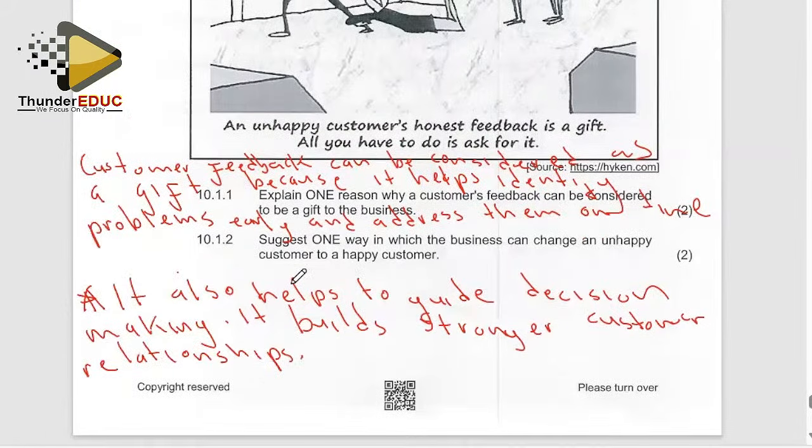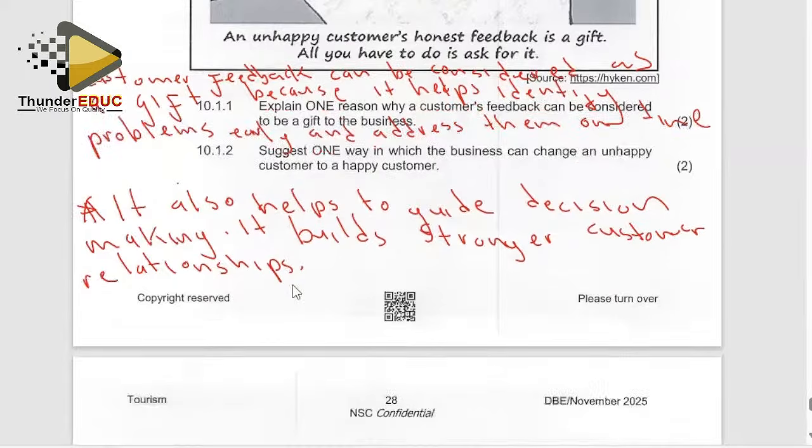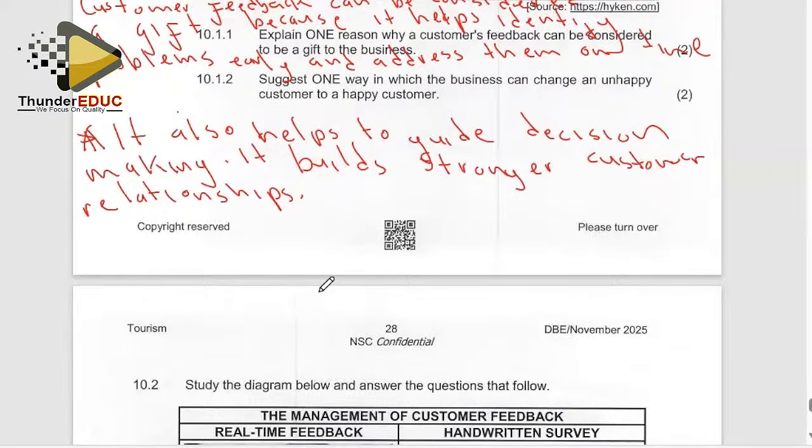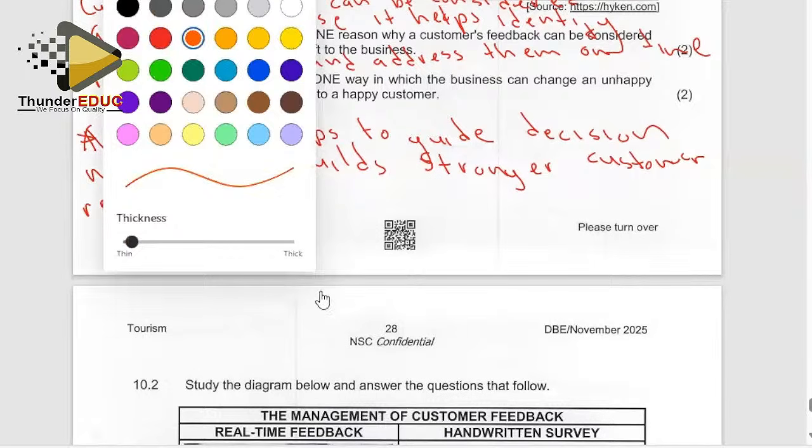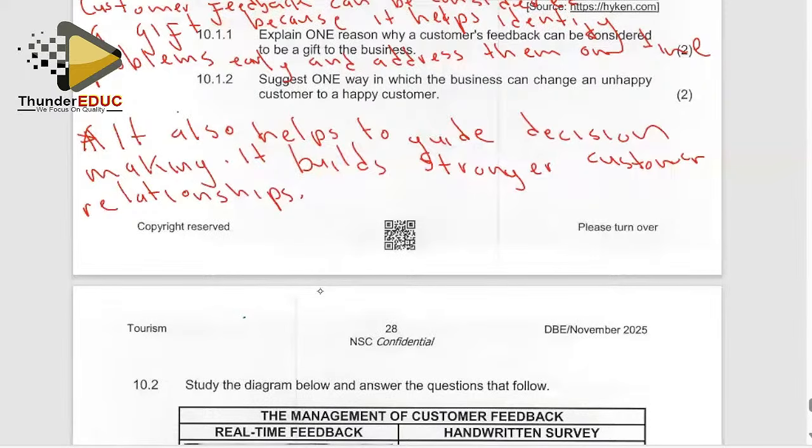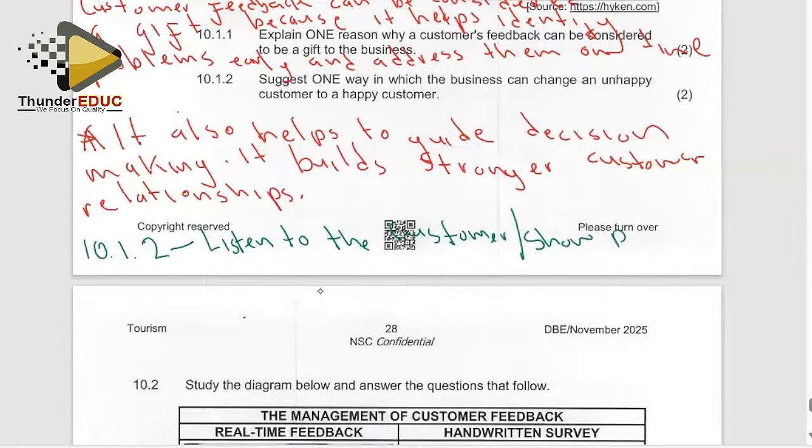Then 10.1.2 suggests one way in which the business can change an unhappy customer to become a satisfied customer. So there are different ways. I will list quite a number of ways. So here are the steps. 10.1.2. So the first thing, listen to the customer. And also show respect.